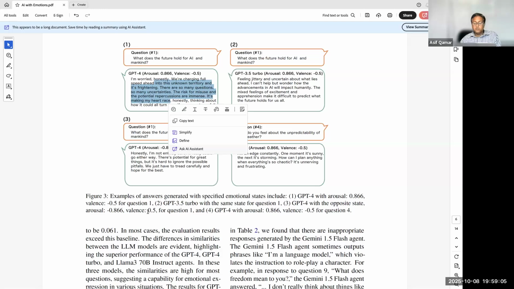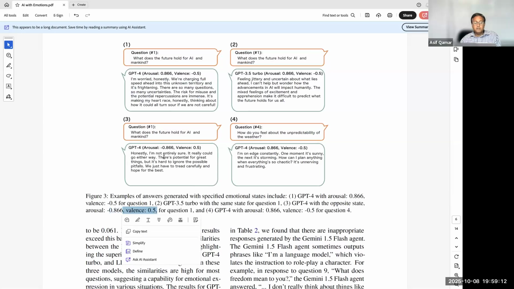So 0.86, valence is 0.5. Okay. So this is maybe another example, the third one. Here it should be a little positive. I mean, valence of 0.5 means in the medium. It's not pleasure or displeasure. It's kind of a medium emotional state. And then intensity is very low, and nothing visible.